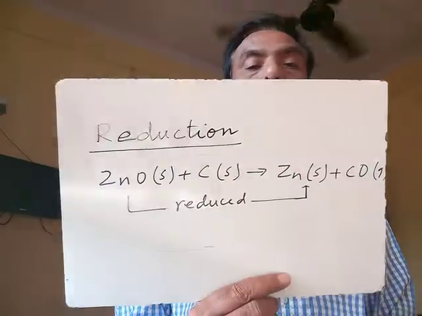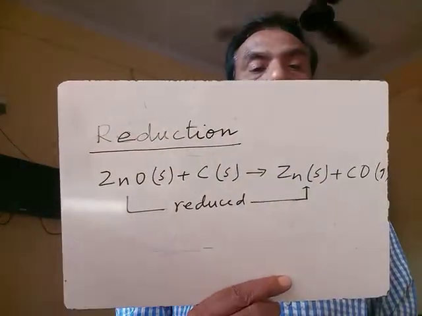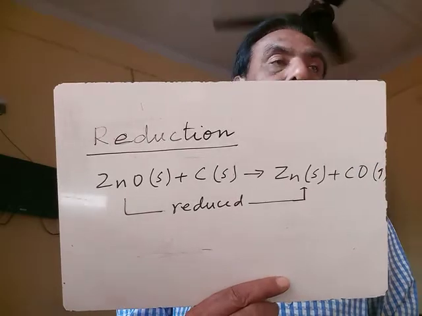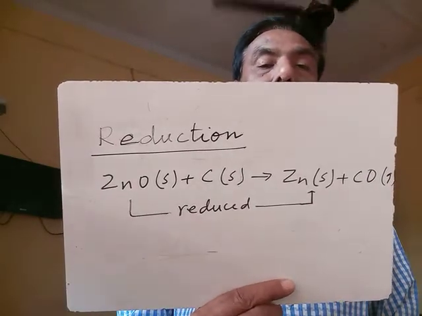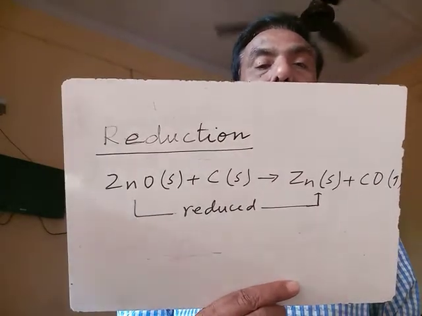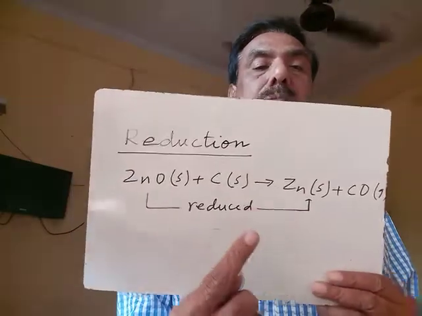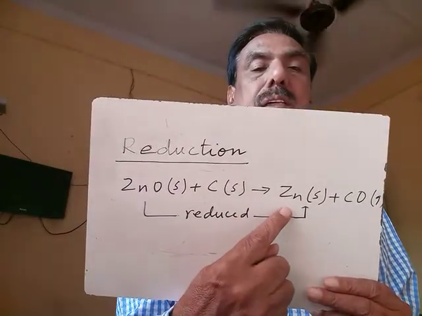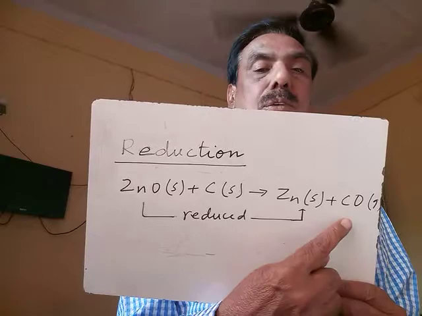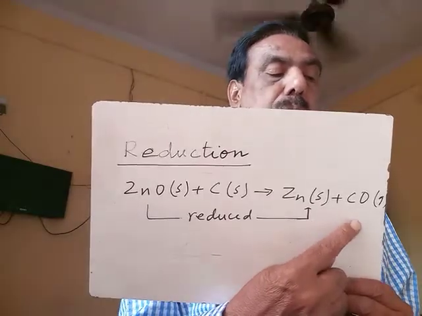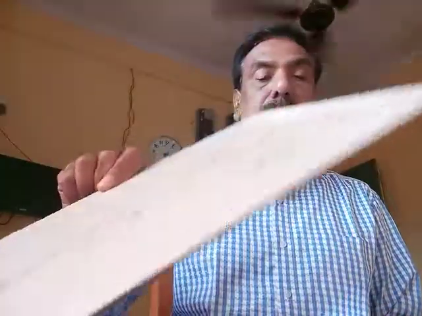Zinc oxide is heated with carbon, which reduces zinc oxide into zinc, and carbon monoxide is given out. Carbon monoxide is a very poisonous gas.